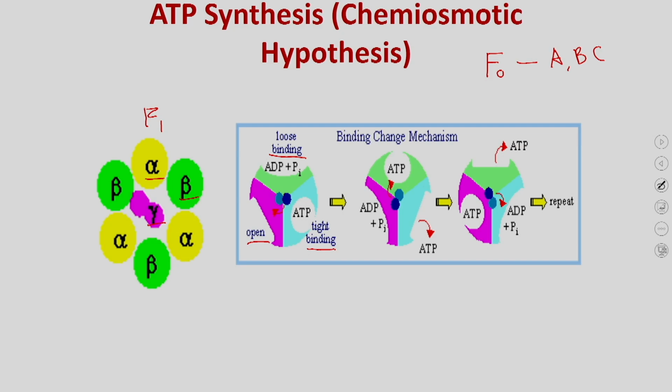Okay. So, there are 3 units of alpha, 3 units of beta, 1 unit of gamma and 1 unit each of delta and epsilon.